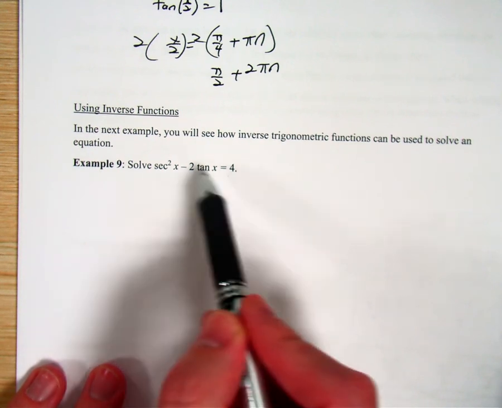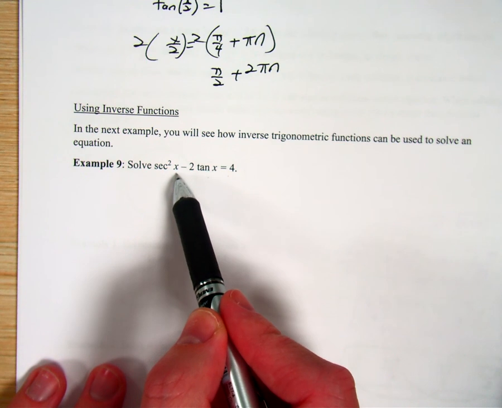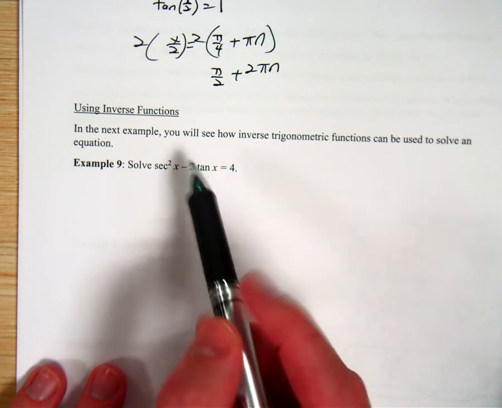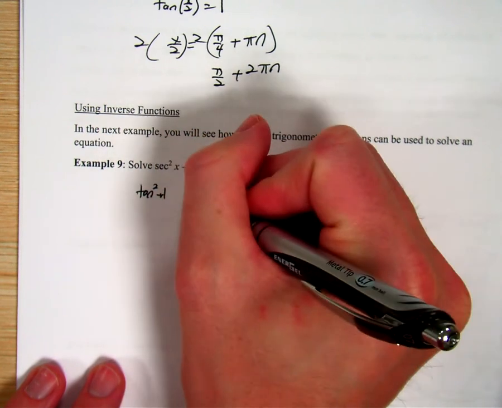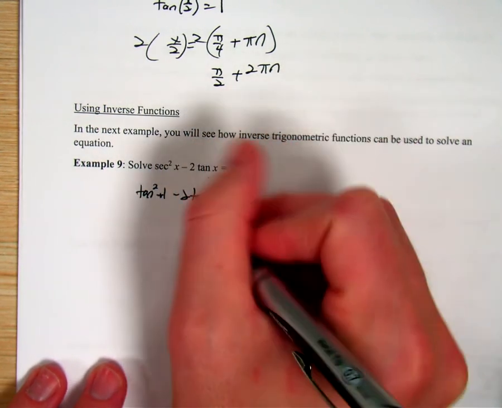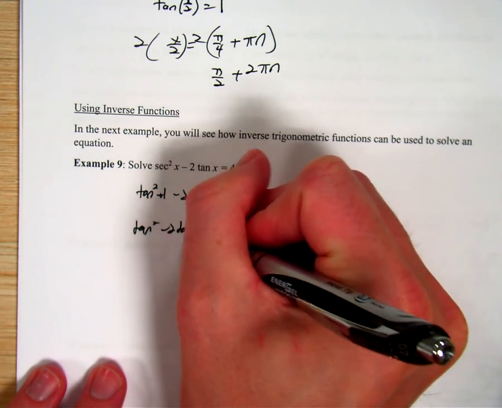Okay, so this is another one where we got mismatched, so we're going to substitute. Remember, you might have to rearrange your formula. Secant squared is going to equal tangent squared plus 1. So I have tan squared plus 1 minus 2 tan equals 4. We're going to rearrange: tan squared minus 2 tan.